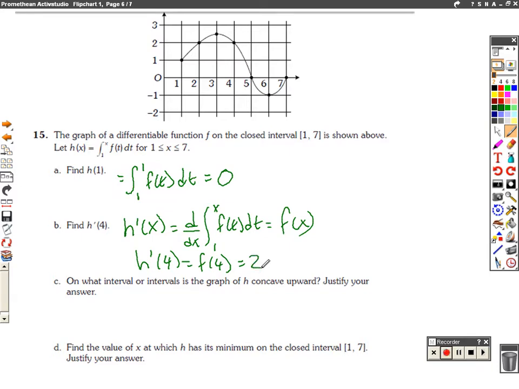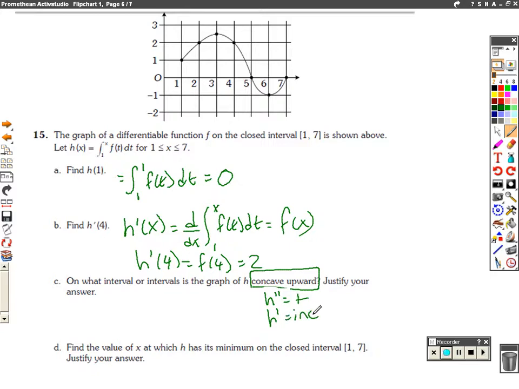Okay, on what interval or intervals is the graph of h concave up? Concave up occurs when h double prime, sorry, not f double prime, is positive, which means that h prime is increasing.